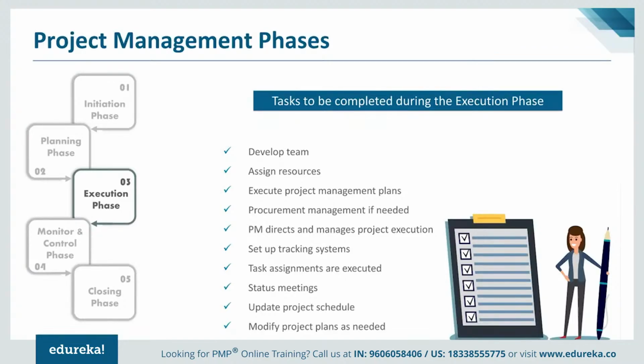And then what's most important is that as a project manager, I should be able to direct my team. I should be able to manage the execution effectively by continuous monitoring. That's where your tracking system will come into the picture. These days, I've seen we mostly use tools. It could be MS Project, or Clarity from CA, or even a simple Excel sheet.